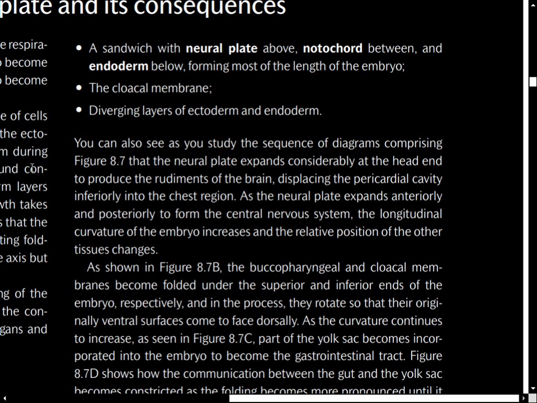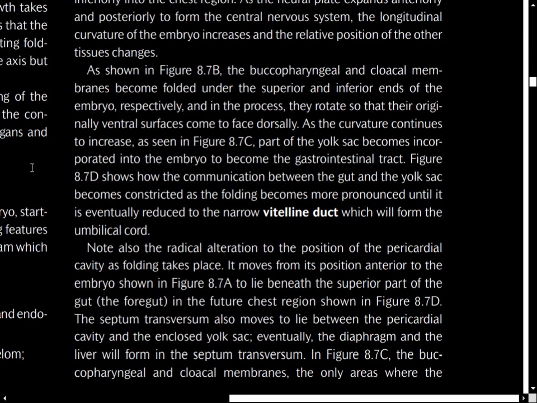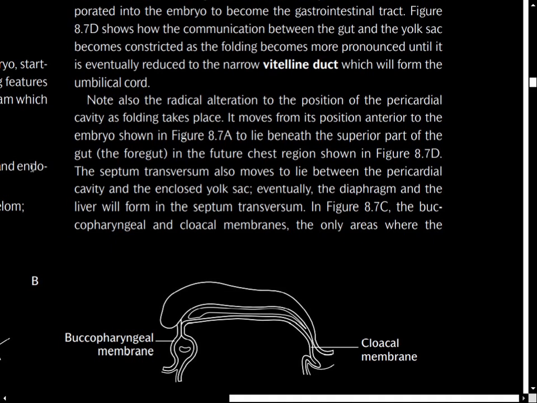The communication between the gut and yolk sac becomes constricted as the folding becomes more pronounced, until it is eventually reduced to the narrow vitelline duct, which will form part of the umbilical cord.